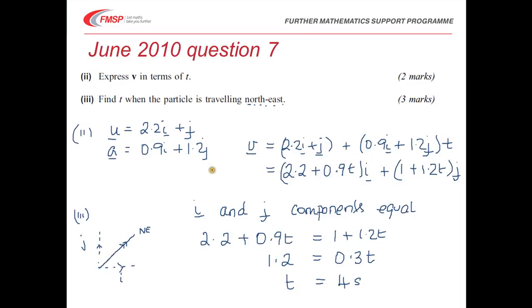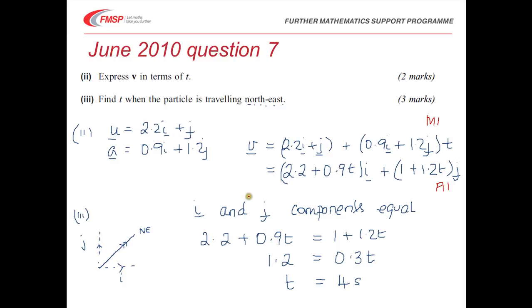And then if you look at part 2 of part B, you get a method mark for using v equals u plus at with the correct values of u and a, and an accuracy mark if you've got it all correct. So 2 marks for that. And then in part 3 there's a method mark for seeing that you can put it in this form.